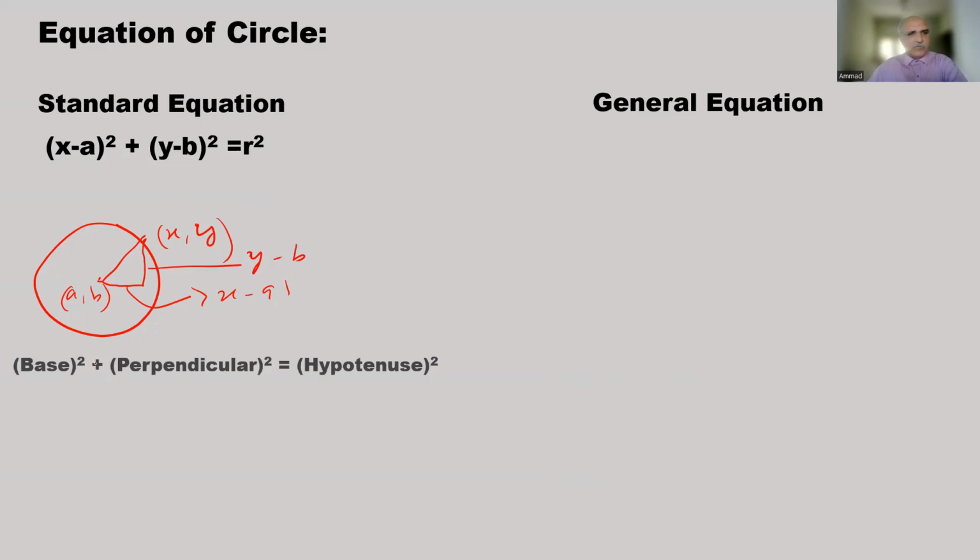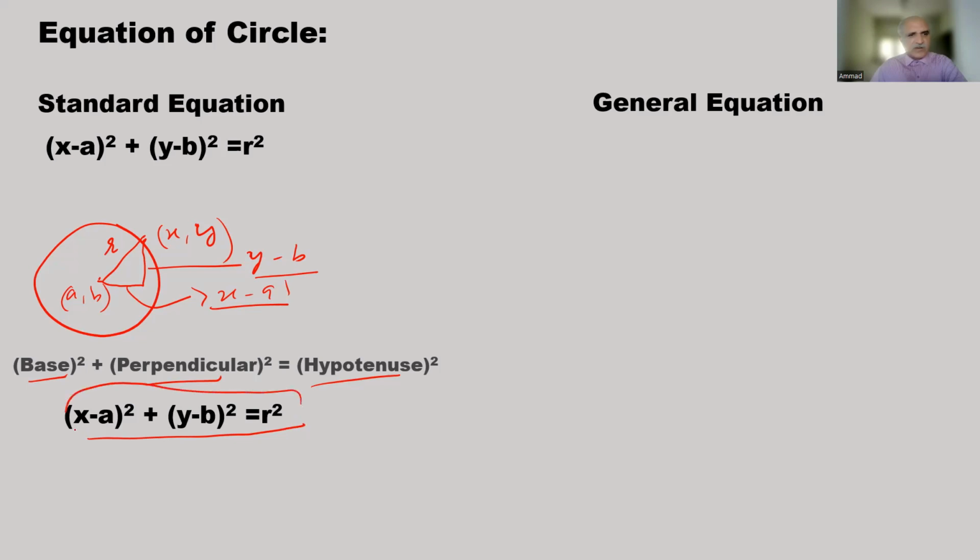So we can apply the Pythagoras theorem to find out the standard equation of the circle. Base is this one, and perpendicular is over here. The hypotenuse is r. So putting these values over here, we get the standard equation of a circle, where (a, b) are the center point and r is the radius.